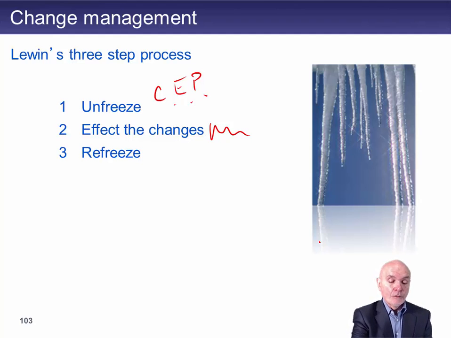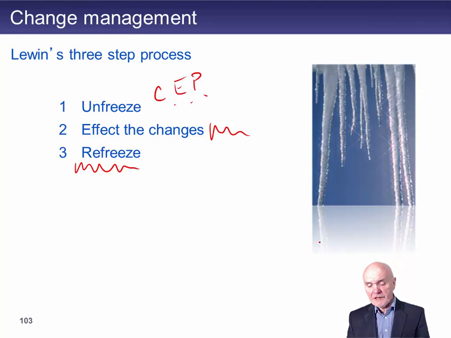But then, very important, there is refreeze. And refreeze can be interpreted in 2 ways. First of all, make sure people settle down and work in the new methods. They don't slide back.